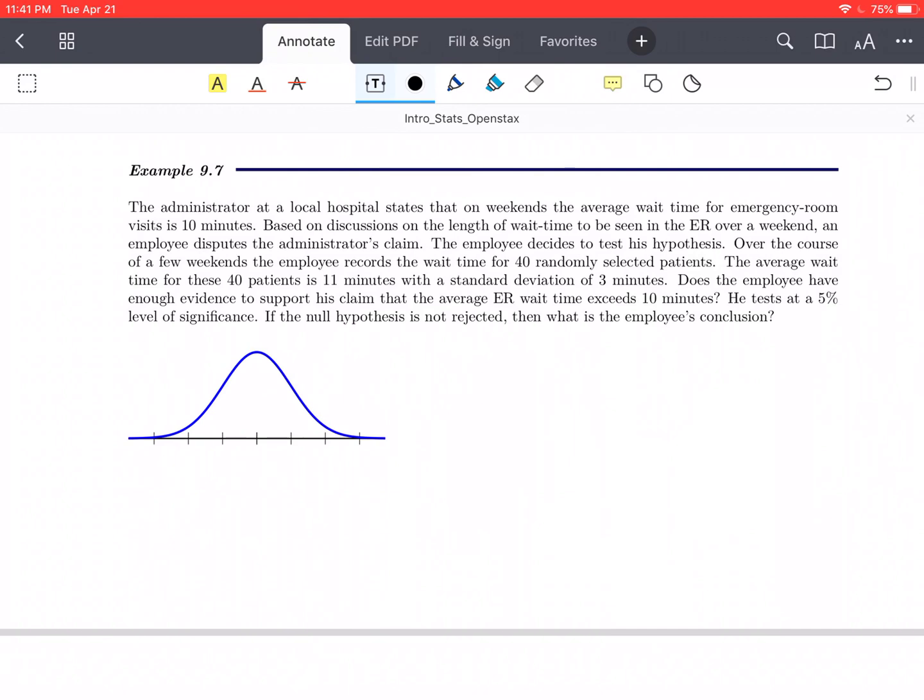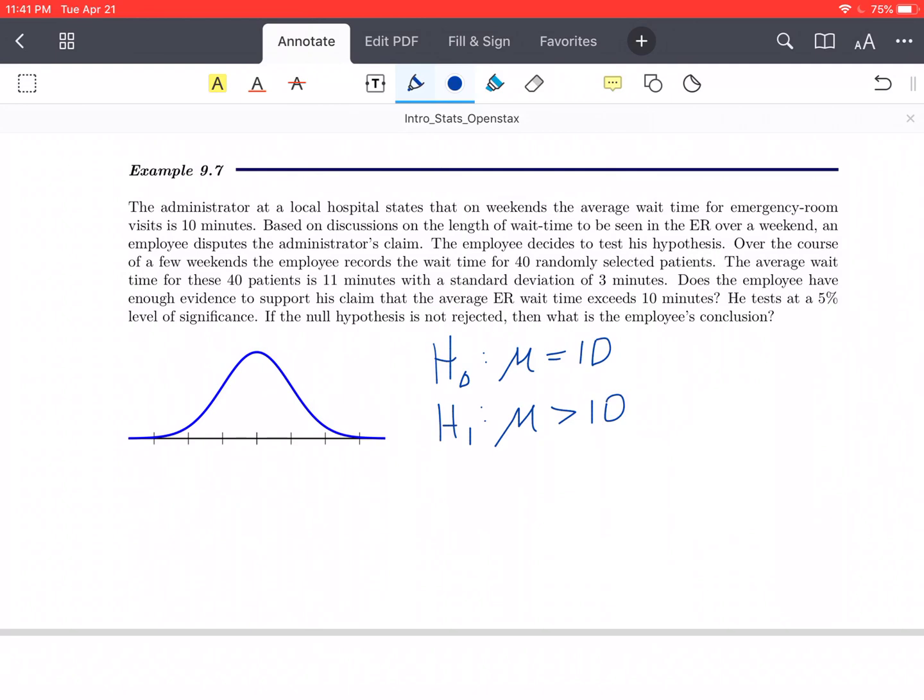Okay, so first let's state our hypotheses here. So the null hypothesis is what's already generally accepted. So we're going with what the administrator said, and that is that the mean wait time is 10 minutes. Okay, but this employee, his alternative hypothesis is that the mean wait time is greater than 10 minutes.